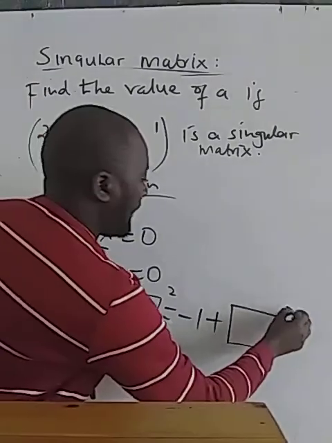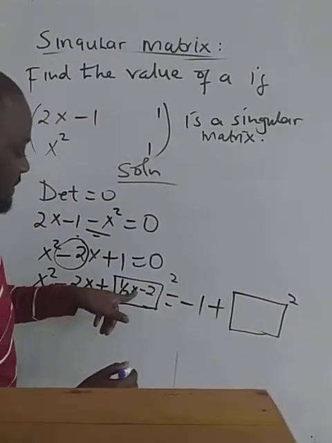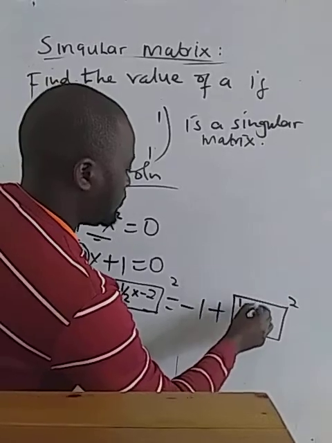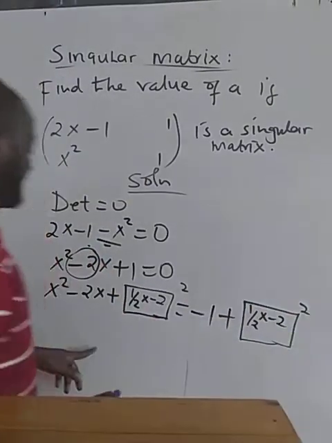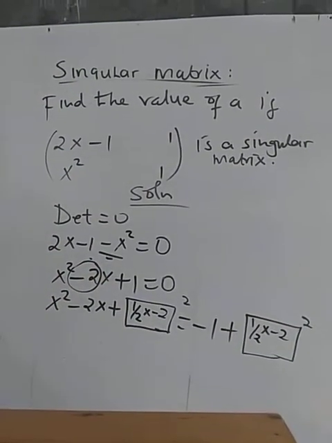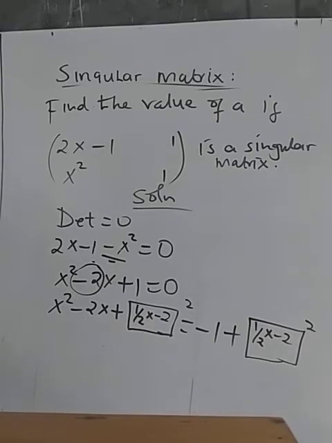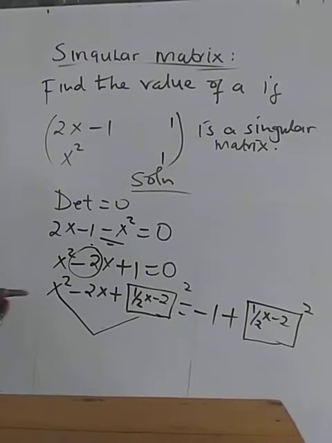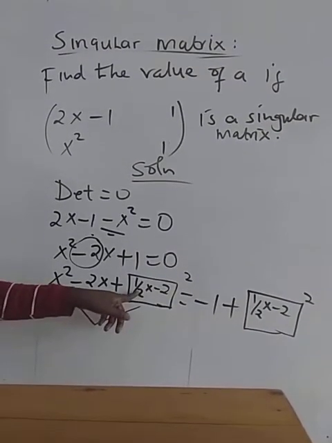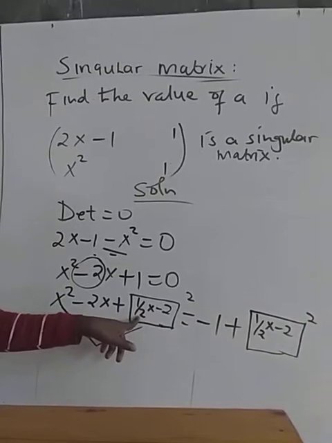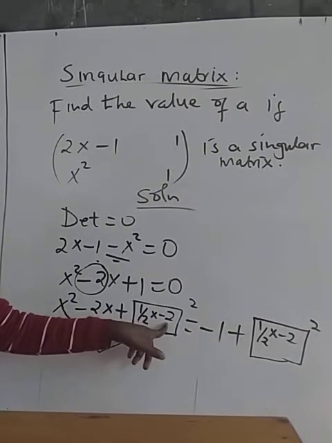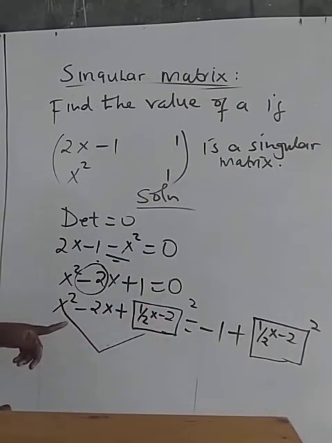This is squared, 1 over 2 of negative 2. Put this one and this under one square, knowing that 1 over 2 of negative 2 is negative 1.